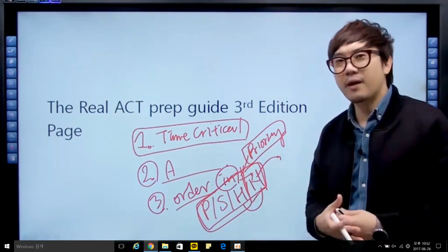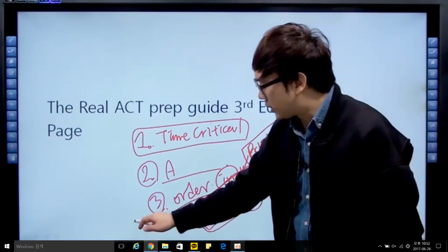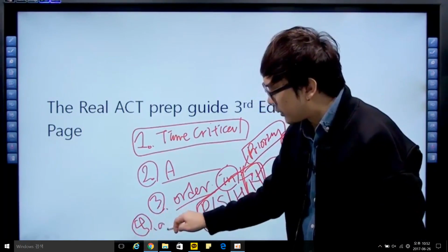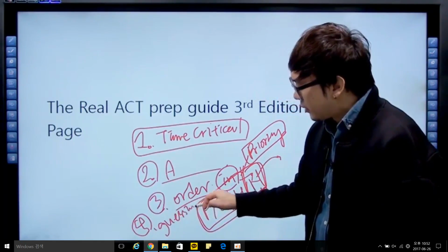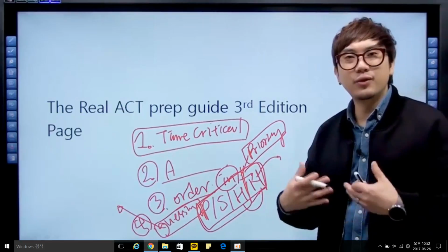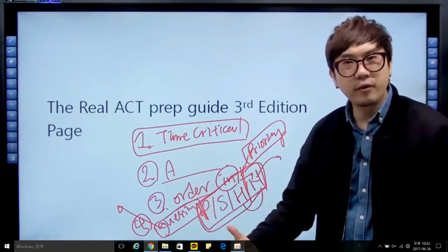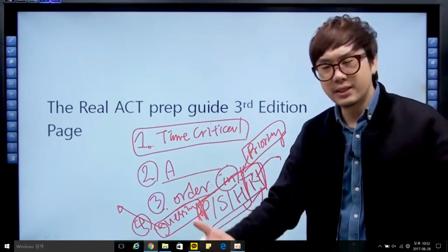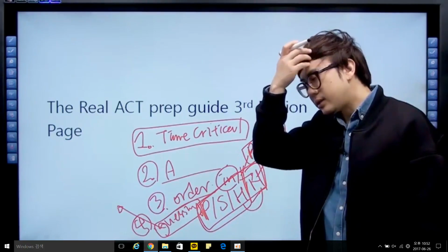And of course, if you don't have the time, the fourth one that we're going to take a look at would be guessing, right? Guessing as in choosing your answer without further thinking or reasoning. Yes, it could be done.